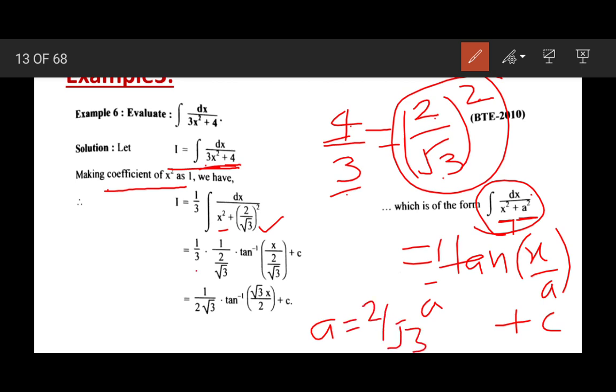So 1 upon 3 as it is, then 1 upon a means 2 upon root 3 into tan inverse x upon 2 upon root 3 plus c. Finally, this root 3 and this 3 means root 3 square, so cancel. Here it will be root 3. So 2 root 3 into tan inverse root 3x upon 2 plus c.